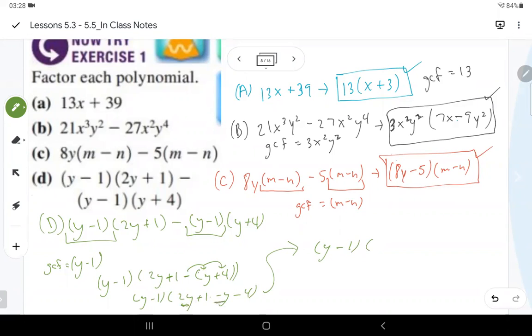Let's work on the combining like terms here. So 2y minus y will give us y. And then 1 minus 4 will give us a minus 3. Again, if you were to FOIL these two out for D, you would end up getting back here.